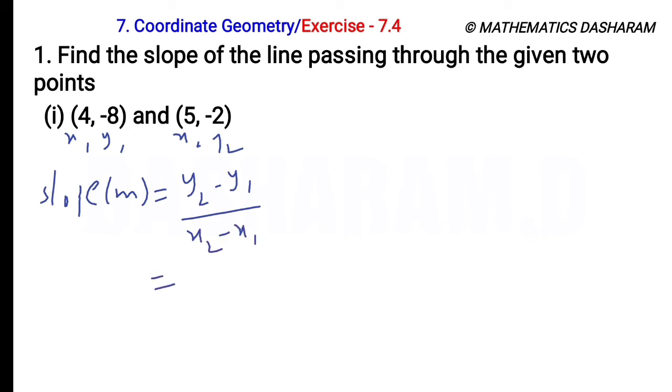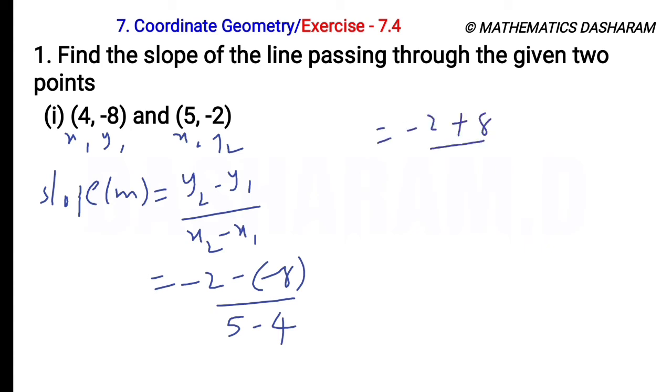The y2 value is minus 2 minus the y1 value minus 8, divided by the x2 value 5 minus the x1 value 4. So it equals minus 2 minus of minus 8, that is minus 2 plus 8, over 5 minus 4, which is 1. Minus 2 plus 8 is 6 by 1, so it equals 6. So the slope is 6.